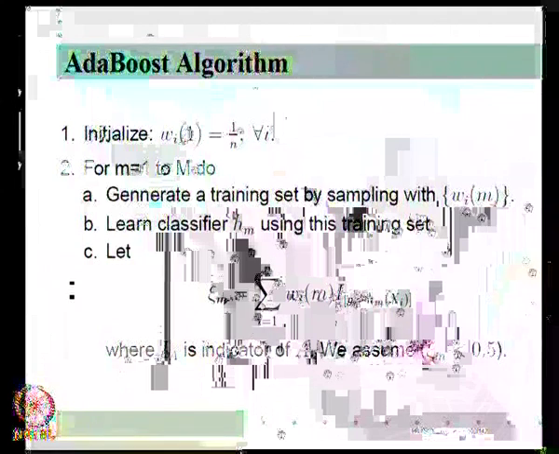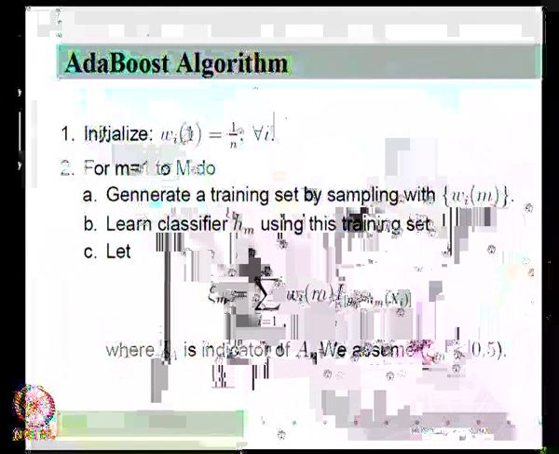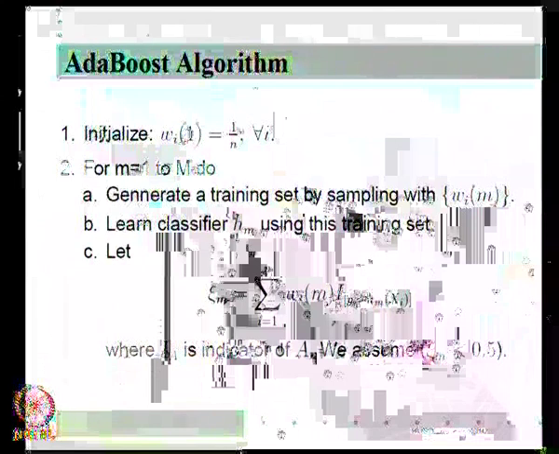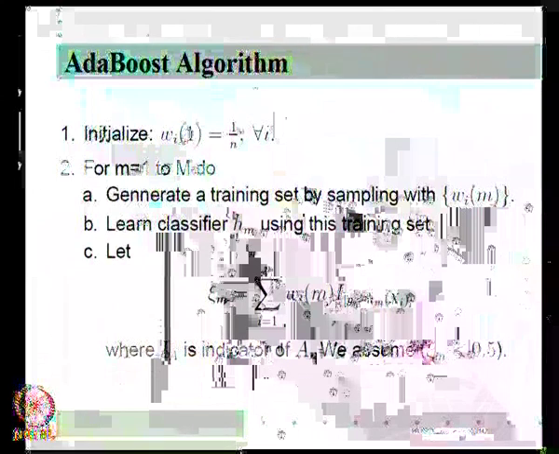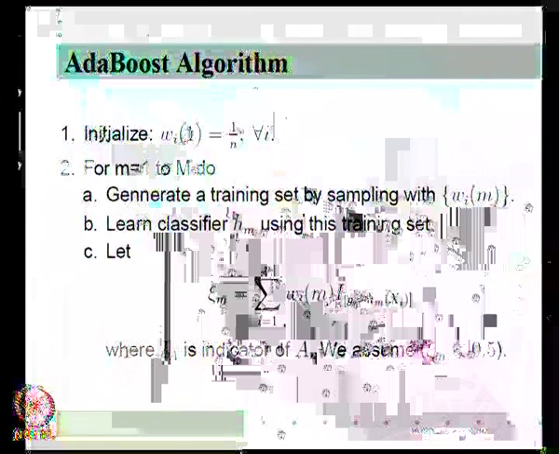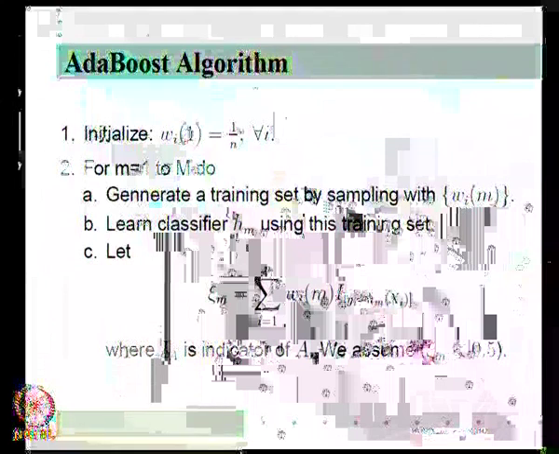That is the error rate. The idea is, if a particular i has high weight, it is likely to be represented more than once in the training data set of hm, and hm would have certainly taken care of that. So, we assume that this xi m is less than 0.5. In practice, what it means is, after I generate a data set and learn a classifier, if my xi m does not happen to be less than 0.5, I just throw it away and run the iteration again.